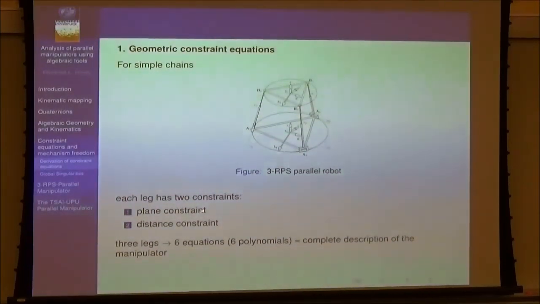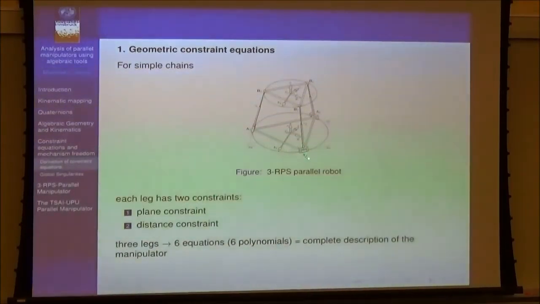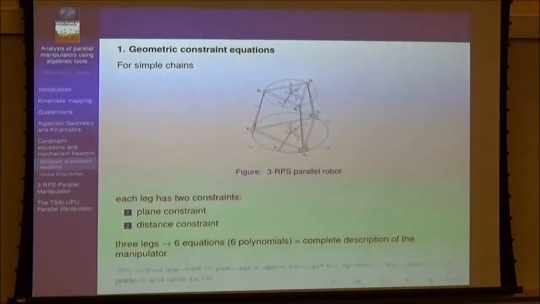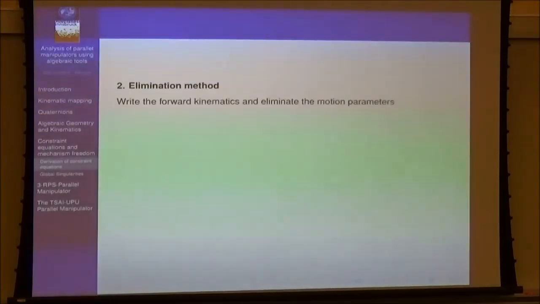So you have 3 plane constraints, and when you want to compute the forward kinematics, you see there's a prismatic joint changing the length of this leg, thereby moving this upper platform with 3 degrees of freedom. When you fix this joint, then the distance from A2 to B2 is constant. So we have a distance constraint. Distance constraints I have shown to you, and you can analyze it now.